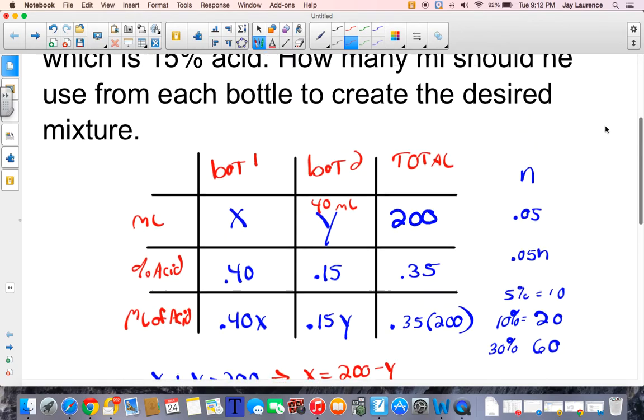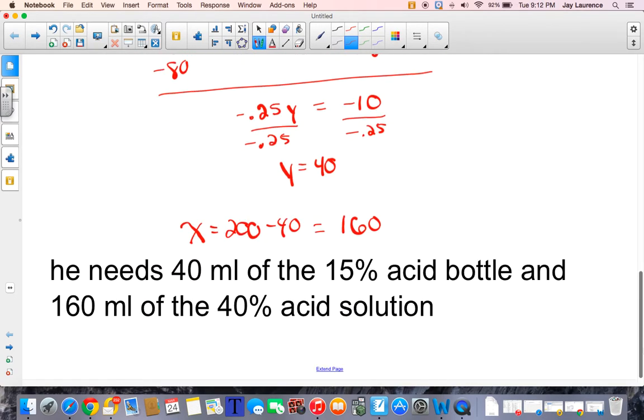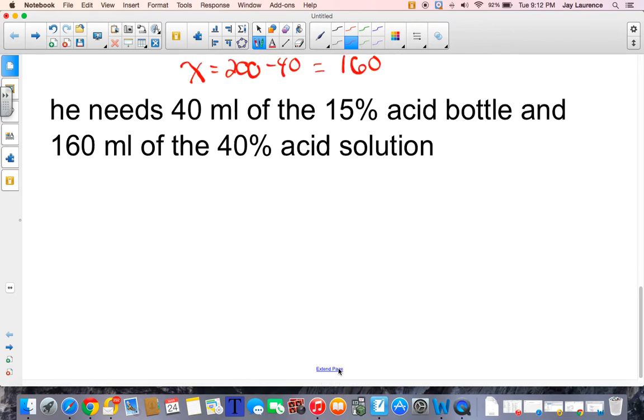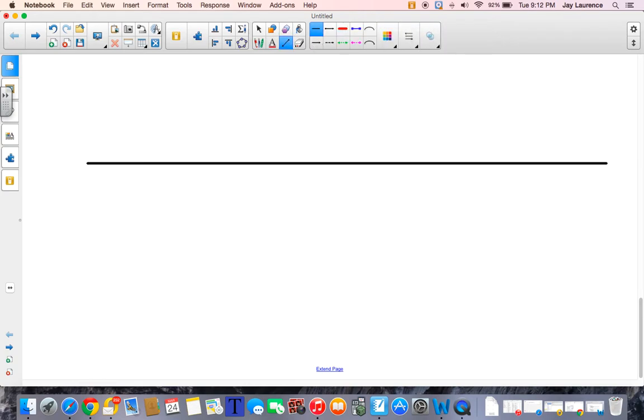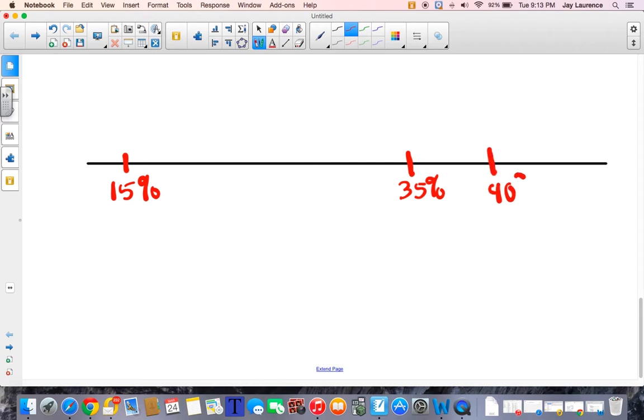And to me, it makes perfect sense because if you think about maybe a number line, you have 15% would be way over here, right? 15%. And 35% might be here, and 40%. If you put equal amounts from each bottle in, you're going to end up at the average of those two, which would be what, 27.5?